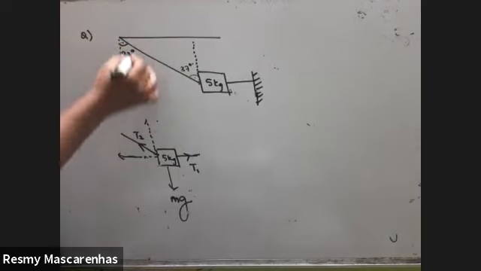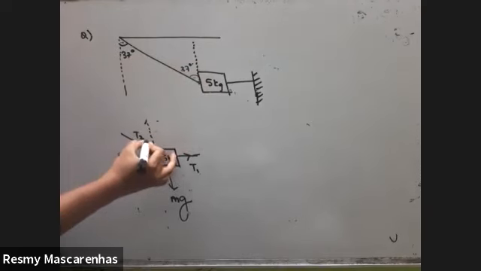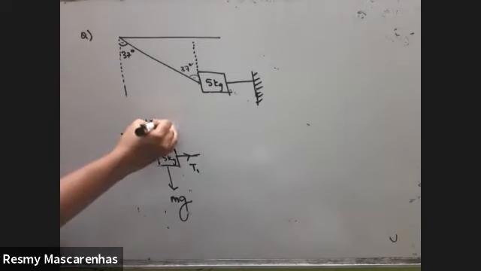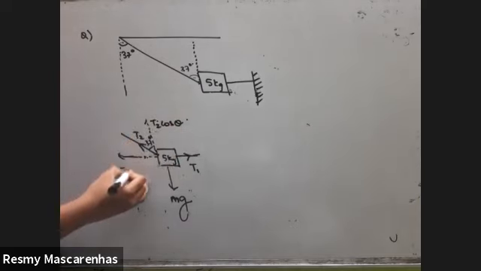They will always be equal. So as per that logic, the angle between this line and the box is 37 degree. So this theta we will take now. As per that logic, this will be T2 cos theta and this will be T2 sin theta.